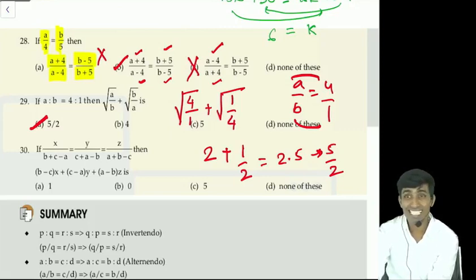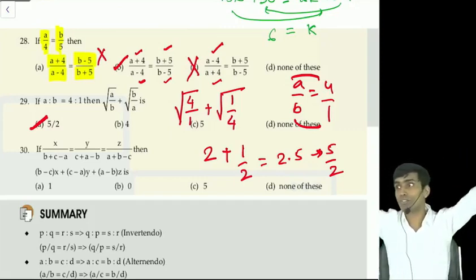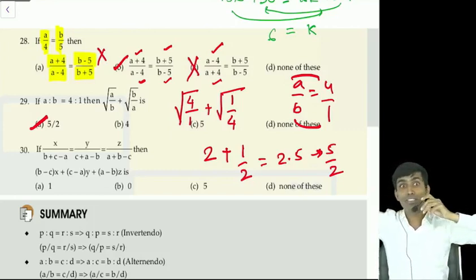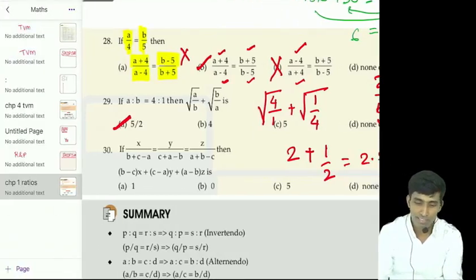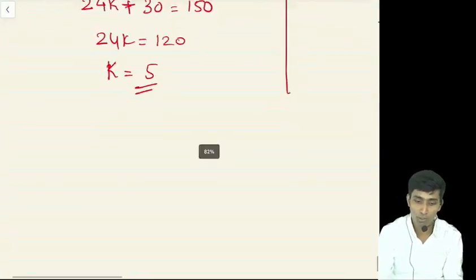Understood? In this sum I can solve also this. If I solve, it will be a very lengthy sum. Ultimately the answer will be 0. Let me show it to you. Now people want to run from here. Don't show us anything.